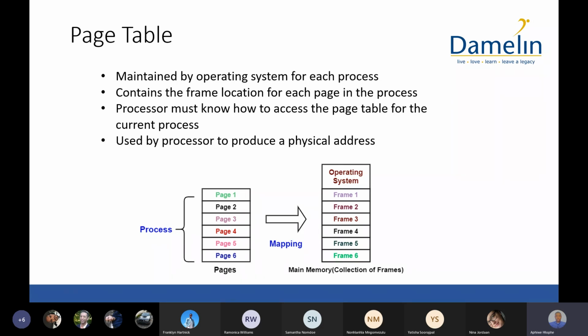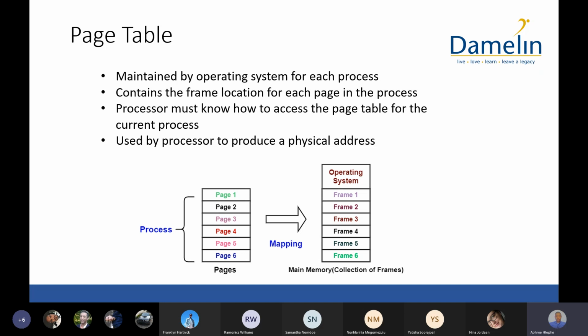So if a process can only send 3 of its pages to the RAM at a particular time, it means the other content will be sent later. It will be dynamically loaded.